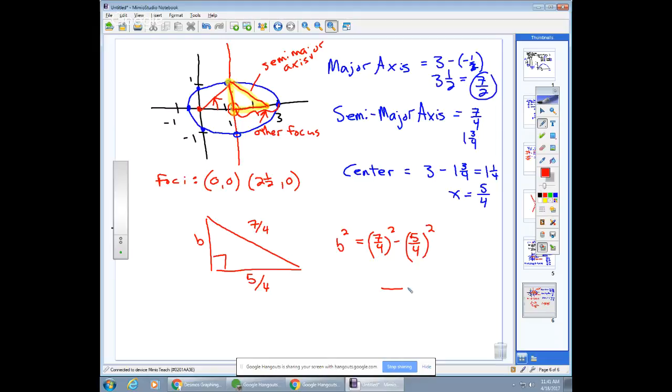We're going to have 16ths, and then 49 minus 25, 24. And that cleans up a little bit. 8 goes into both of those, 3/2. And so B squared is equal to that. So our B is the square root of 3/2.